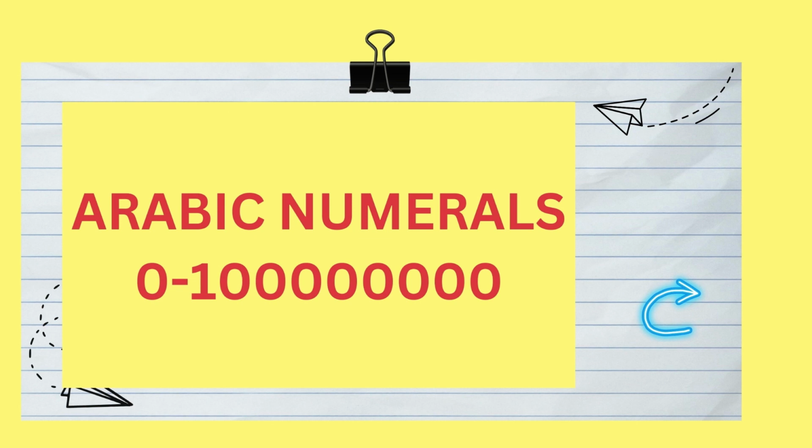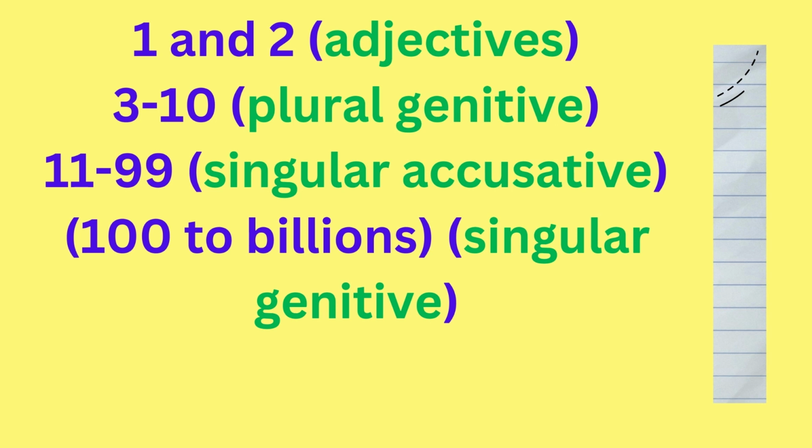In this video, I will be explaining Arabic numbers from 0 to 1 million. The video is divided into different parts. Part 1 explains numbers from 0 to 10, and even those numbers are divided into two categories: numbers 1 and 2, which function as adjectives, and numbers 3 to 10, which function as nouns, followed by nouns in the plural genitive.